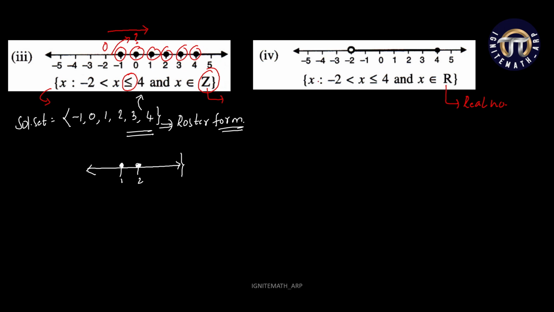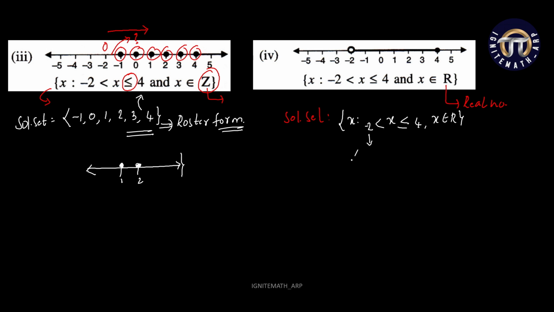Now see the condition. Let me write the solution set over here. What is the solution set, children? Solution set says x such that x is greater than minus 2, smaller than or equal to 4, and x belongs to the set of real numbers.